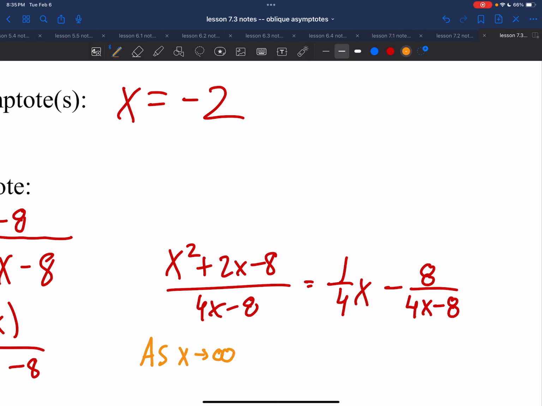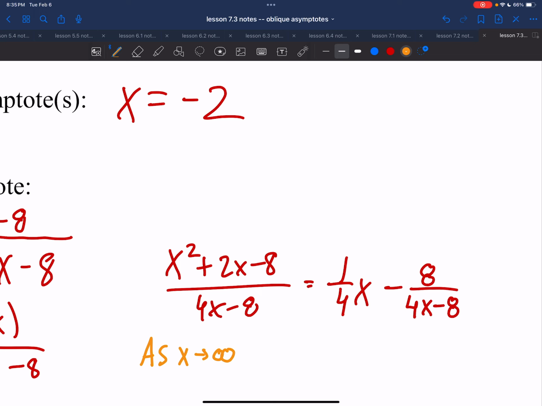Because the idea about a horizontal asymptote is, whatever its equation is, it describes end behavior, meaning as I go to infinity, I get really, really close to this number, right? This value. But if it's slanted, it's not quite a number, more so it's a line. It's like a growing line that changes. It's just not constant, right?